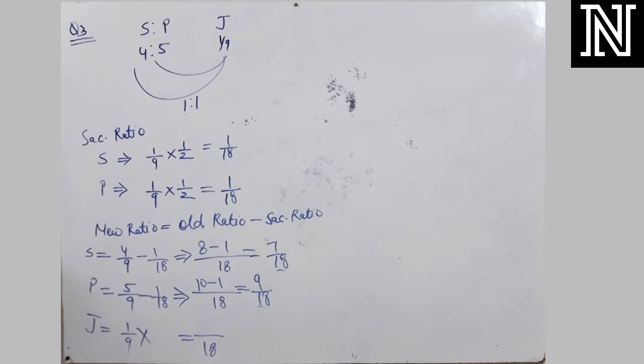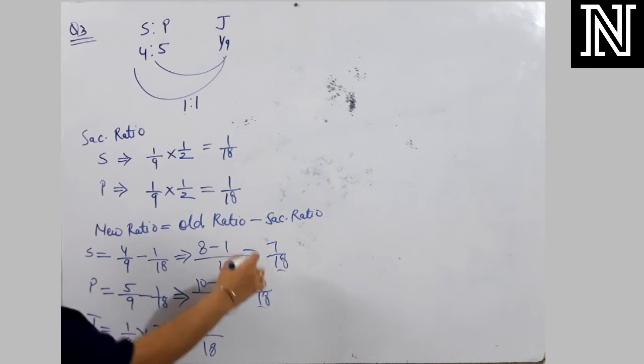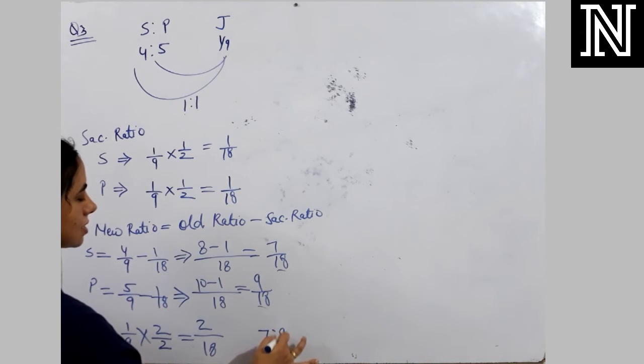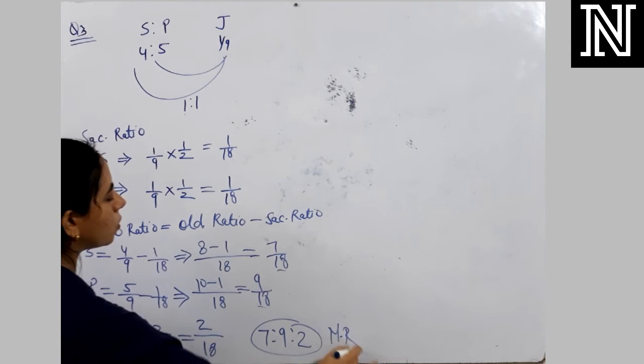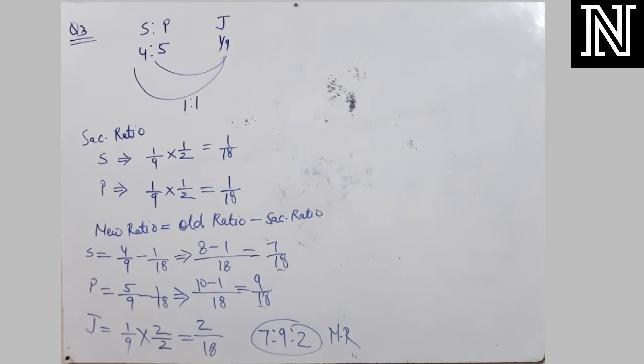What should we multiply 9 with so that we get 18? 9 2s are 18, so we multiply by 2. So it is 2/18, and now we write all the numerators. This is your new ratio. Clear how to calculate the new ratio in this condition?